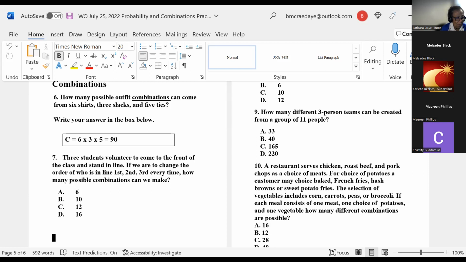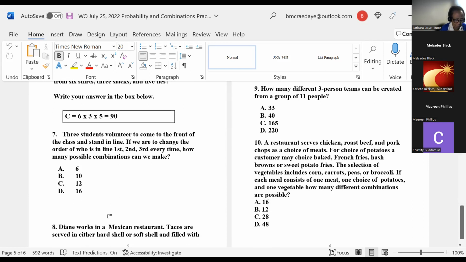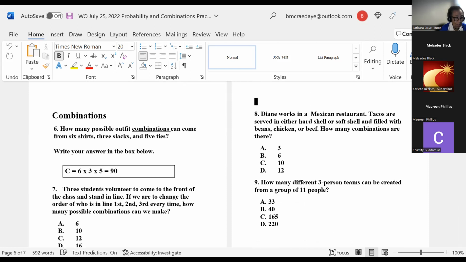Now, this is one that you could easily put in order. Let me just show you how you could do this. So we'll just say A, B, C. This is going to represent the students.